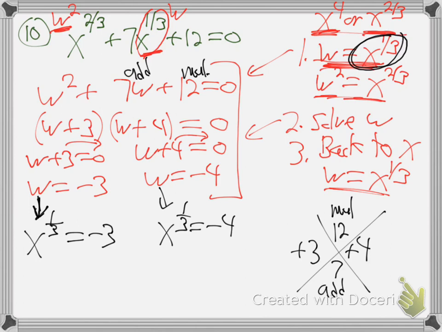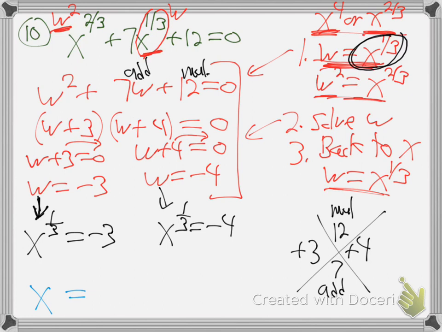What do we do? Well, think about what we're trying to do now. We're trying to get regular x, aren't we? Normal, plain, regular x. We don't want that weird 1/3 power on it. We just want regular x. Well, okay, that's our goal. Get regular x. What does regular x mean?